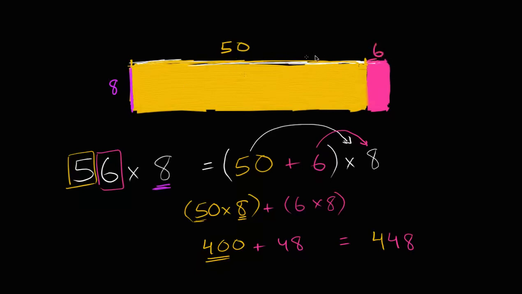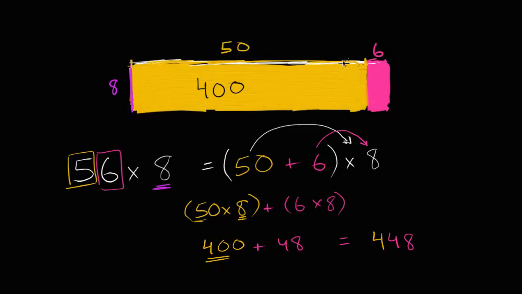And the reason why we broke it up this way is because we can, maybe in our heads or without too much work, figure out what 8 times 50 is, and then separately figure out what 8 times 6 is. So separately figure out the areas of these two pieces of the big rectangle, and then add them together. So what's 8 times 5 tens? Well, it's going to be 40 tens, or 400. This is going to be 400 square units. It's going to be the area of this yellow part.